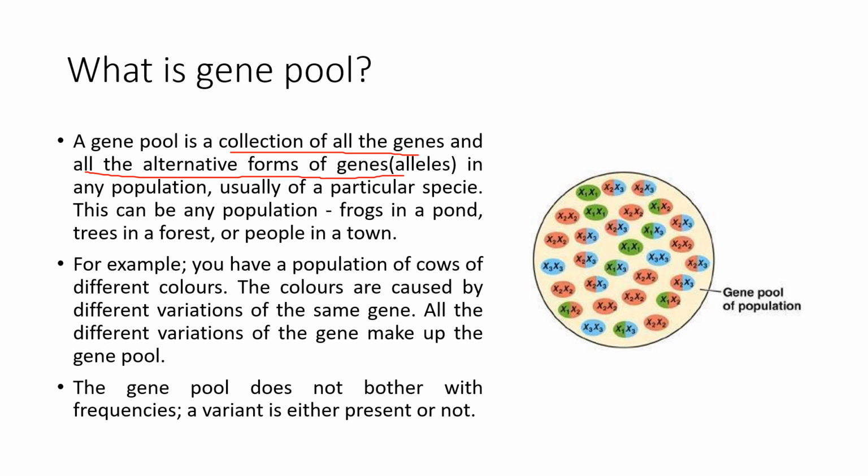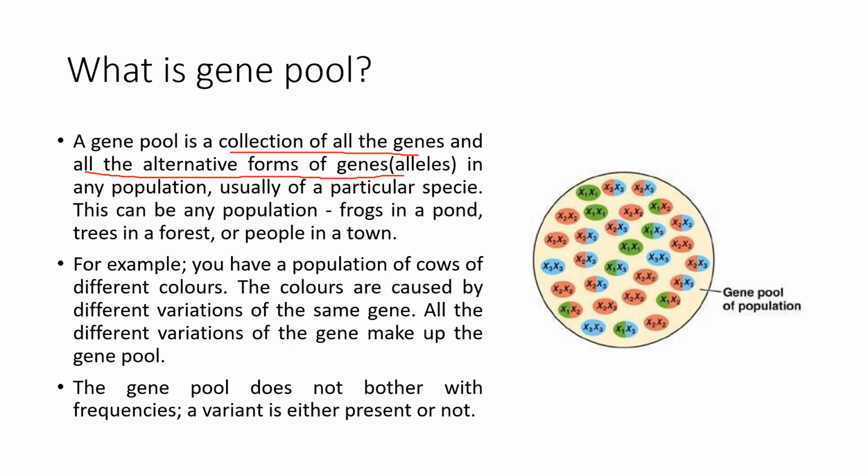These two alleles, from mother and father, are the alternative forms of the gene. Both can be homozygous, or both can be heterozygous.